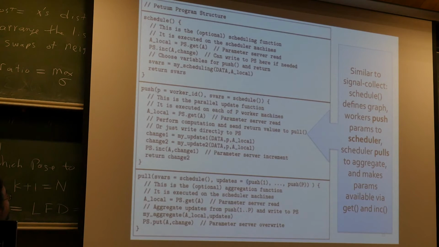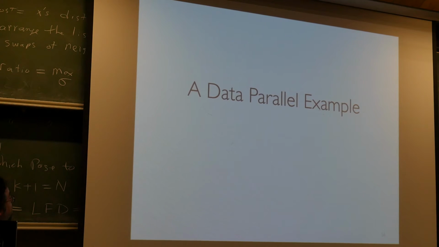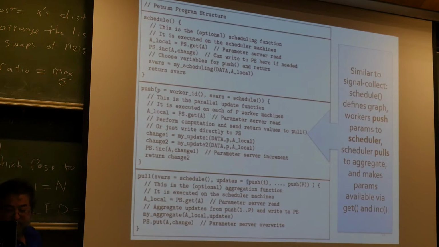This is basically deciding who gets to push what to where, so it's the connectivity. When the workers push parameters, it's essentially a signal operation. When the scheduler does a pull and aggregation, that's essentially like a collect operation. So it has a lot of the same feel as signal collect, although obviously there are a lot of differences at the detail level.